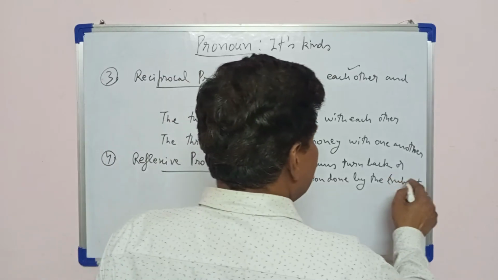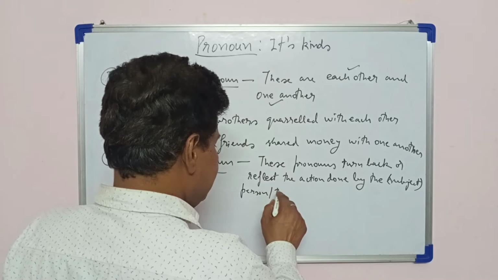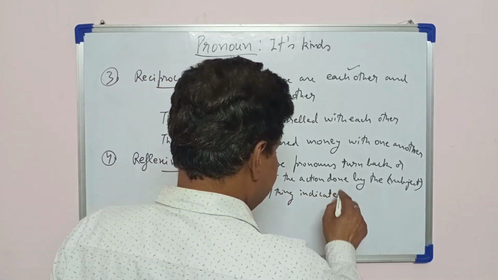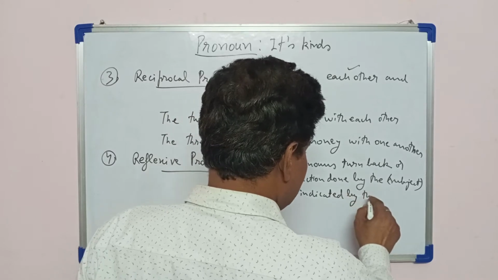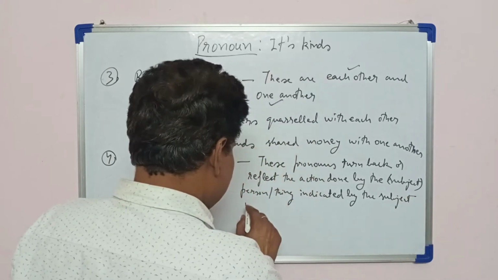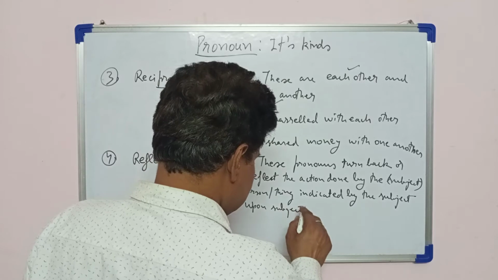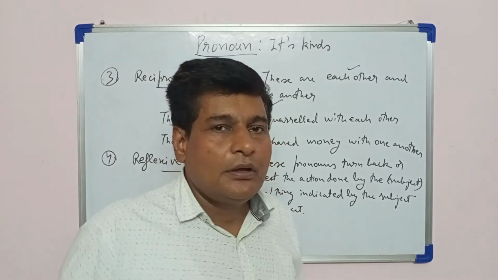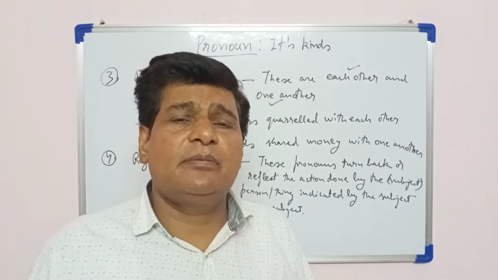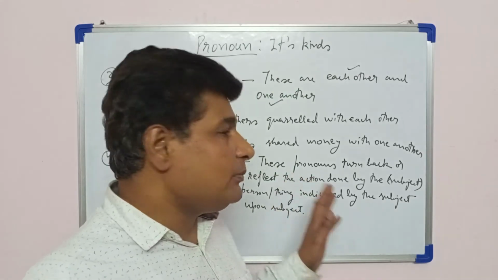Subject means here the person or the thing indicated by the subject, upon the subject itself. Here the action done by the person or the thing which is indicated by the subject of the verb is reflected back upon the subject.